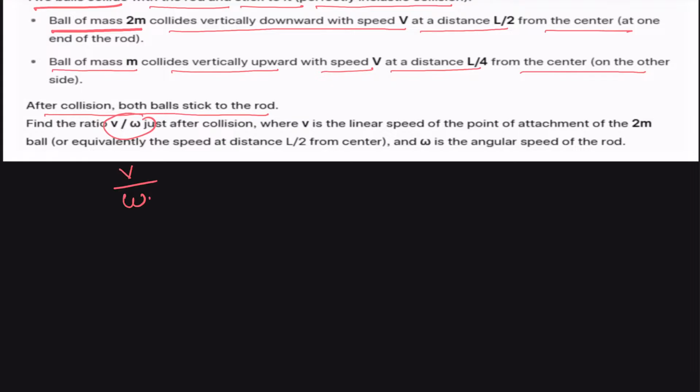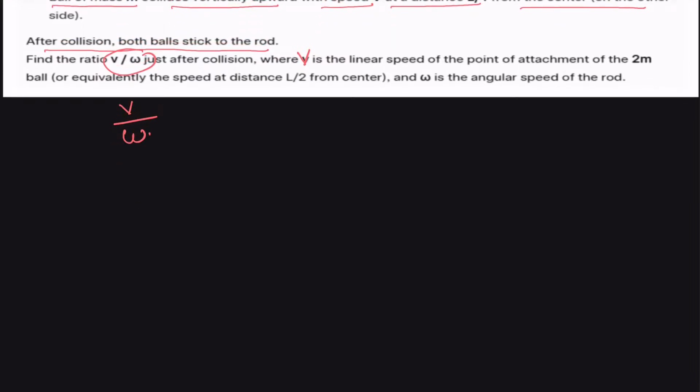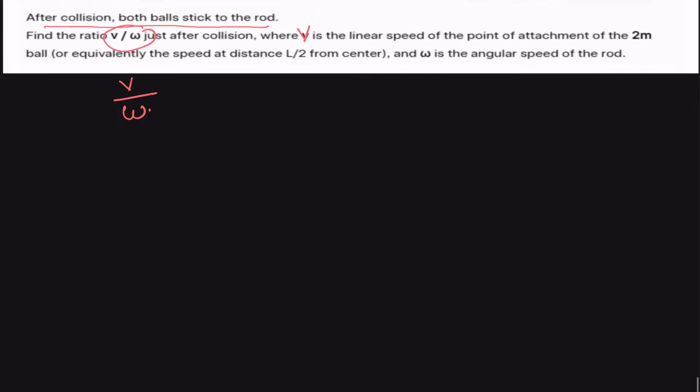Okay. So here is capital V. So let me draw the basic figure that is given to us. So this is our rod, and suppose this is the point of the pivot, and we have a mass 2m traveling with velocity v, and it strikes at a distance of L/4 from the center, and we are having a mass m.